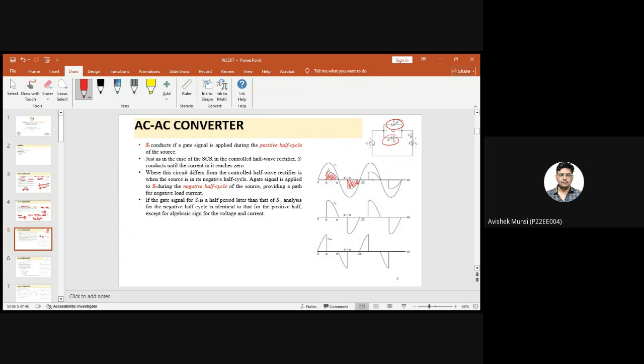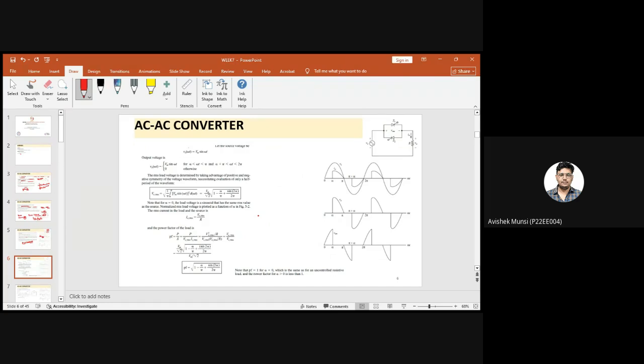So this is similar to the half wave rectifier, but here the negative cycle is also available. So that is why it behaves like an AC. It will have a positive cycle and a negative cycle, right? So that is why it behaves like an AC signal. Okay. So that's why it is called an AC to AC controller or converter.